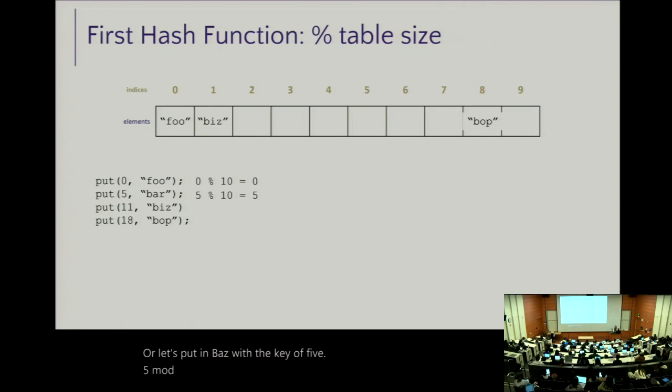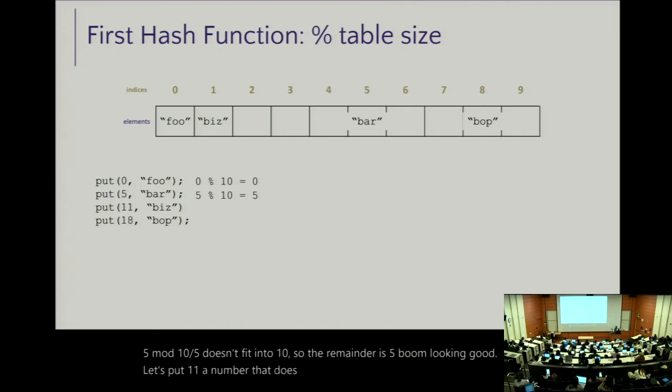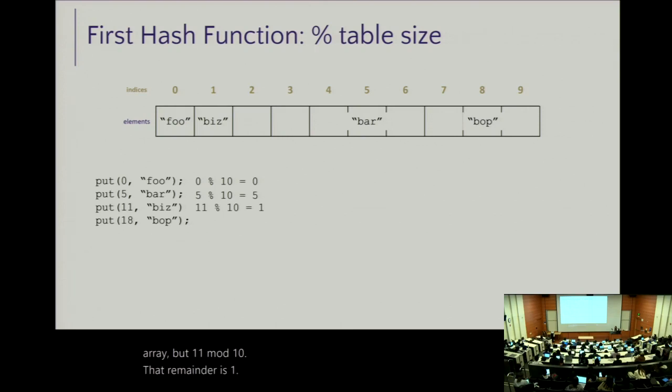Well, 5 doesn't fit into 10, so the remainder's 5. Boom, looking good. Let's put in 11, a number that does not exist in the current set of indices in this array, but 11 mod 10, that remainder is 1. And so now Biz goes right here.